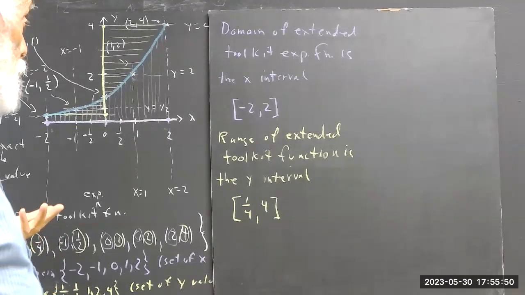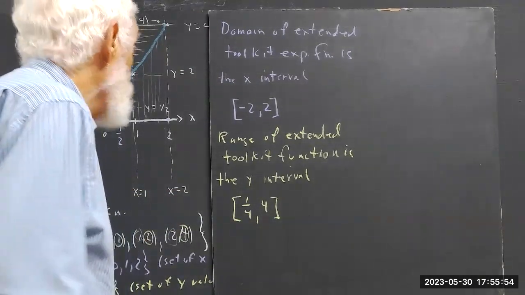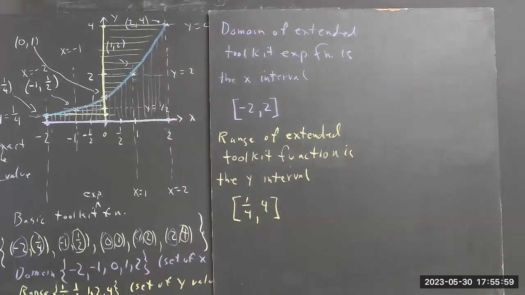Okay, so there's your domain and range for the basic toolkit function and the extended toolkit function. There's a complete toolkit function.